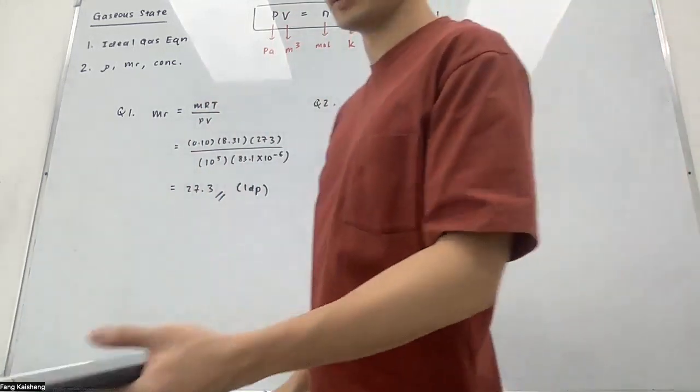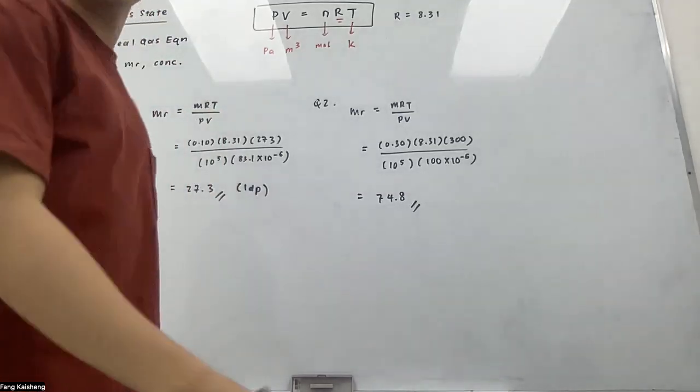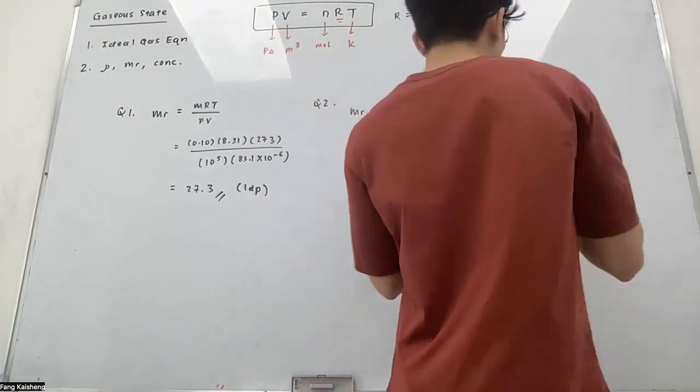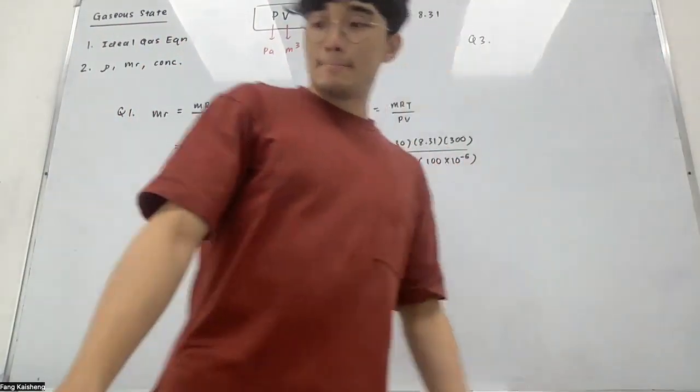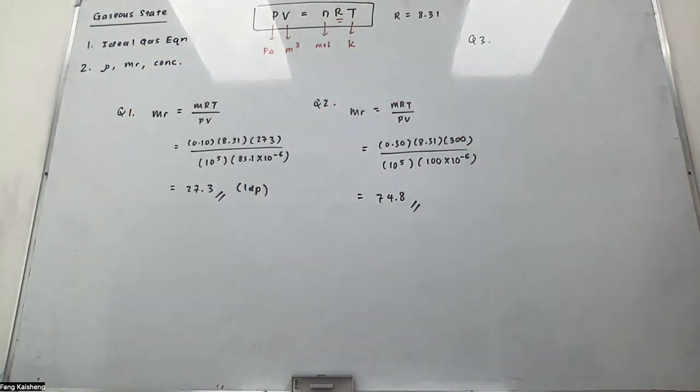Question 3 is the one that's a bit more vague, but still doable. Remember for question 3, they ask for density. Please try to manipulate from scratch.